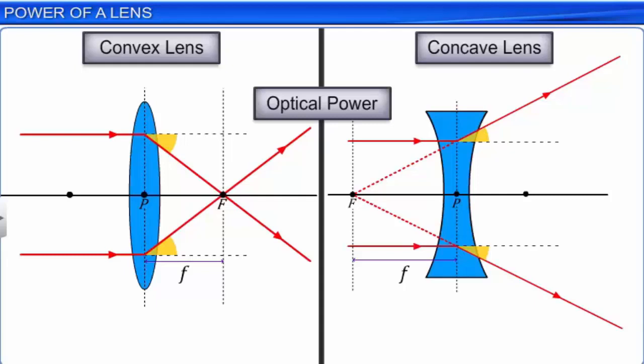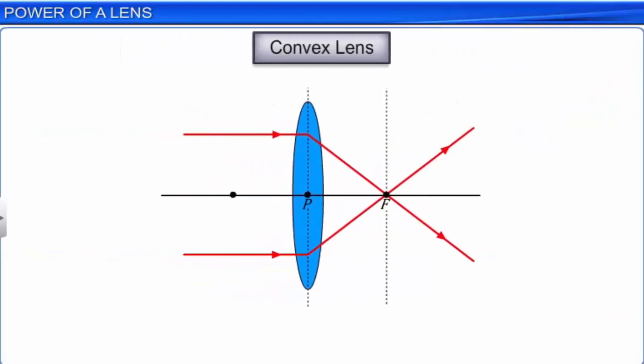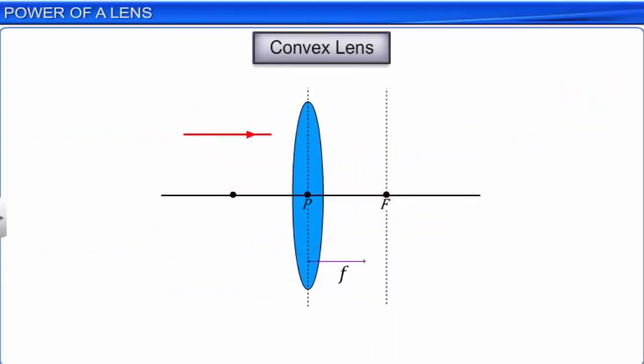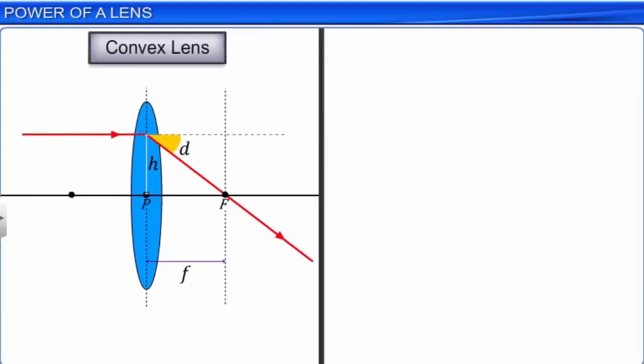You know that a light ray, when incident parallel to the principal axis, after refraction by a convex lens, passes through its principal focus. If the ray is incident at a height h from the pole, and the deviation of the light ray or the angle through which the light ray converges is d, then tan d is equal to h by f. If h is equal to 1 unit, tan d is equal to 1 by f.